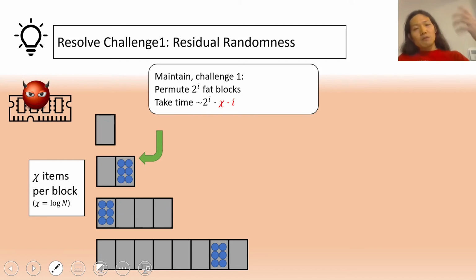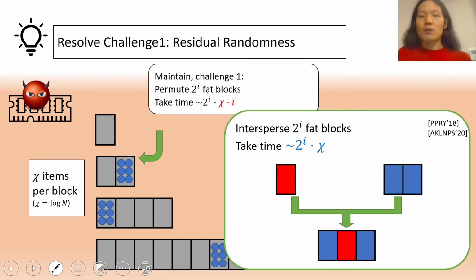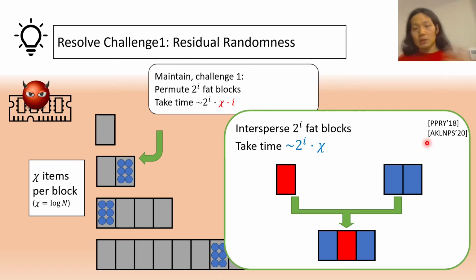To resolve the first challenge, the idea is easier. It comes from the recent work on computationally secure ORAM. The main observation there is the following. We don't need to permute 2 to the I blocks from scratch. These fat blocks come in separate lists, and these separate lists are already randomly shuffled inside each list.